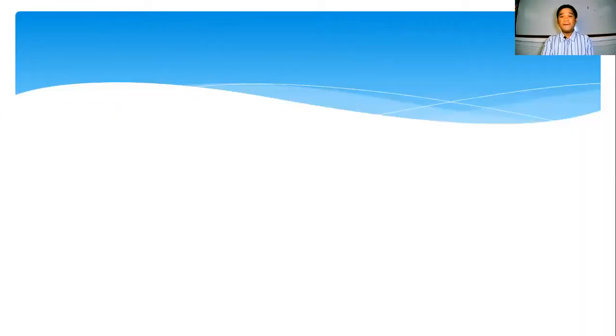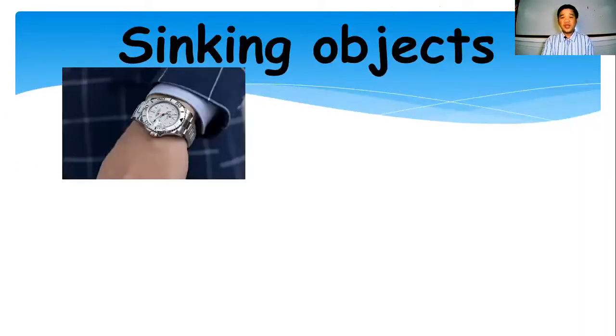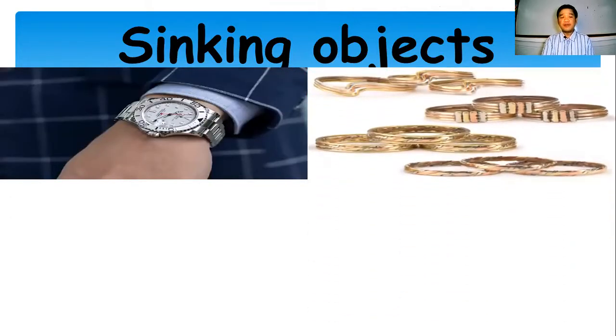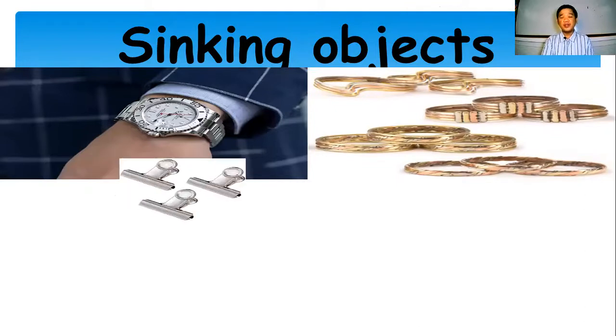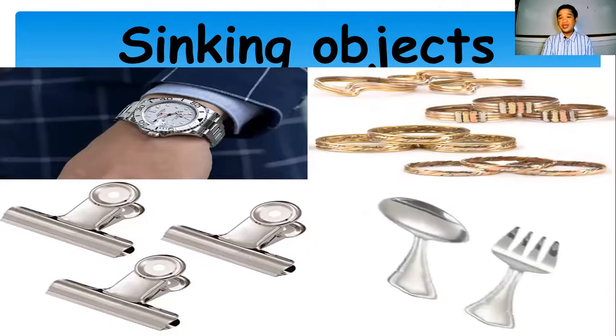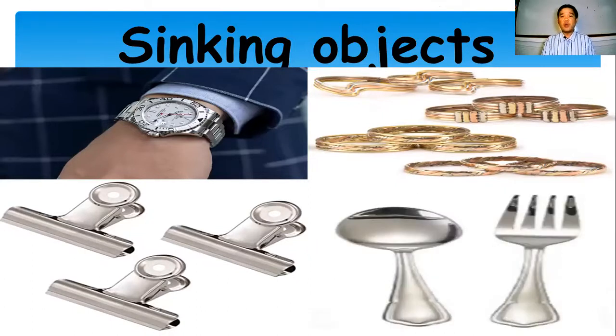How about the sinking objects? These are the objects not capable of floating, but majority will sink. These are examples of sinking objects, such as the metal watch, the jewelries, the metal clips, or even the spoon and forks made of metal. Therefore, when the objects are made of metal, they will be sinking objects.